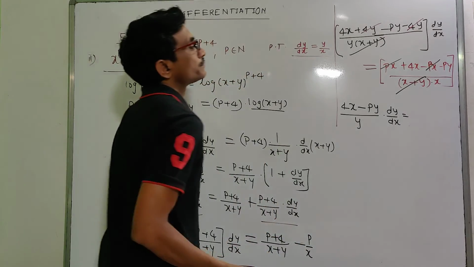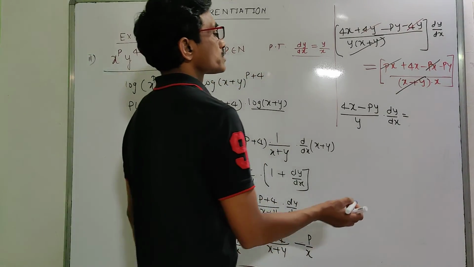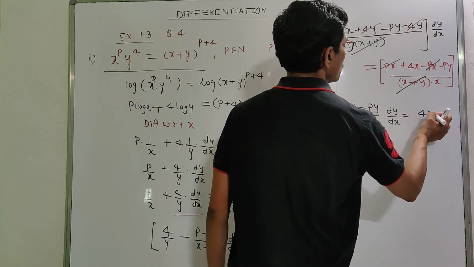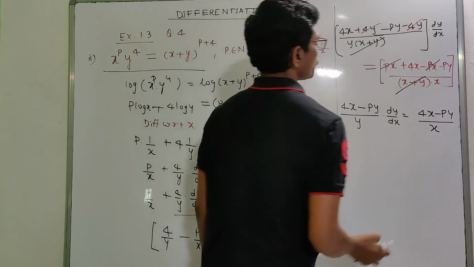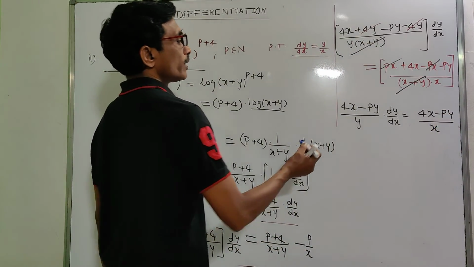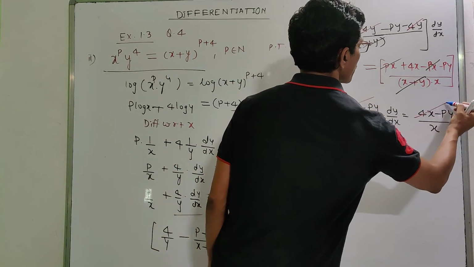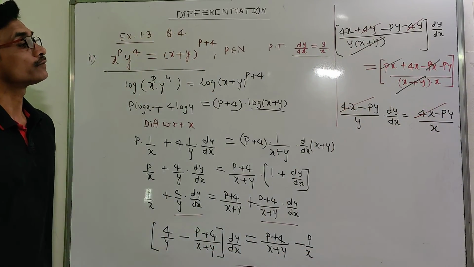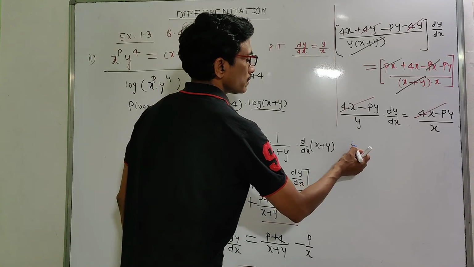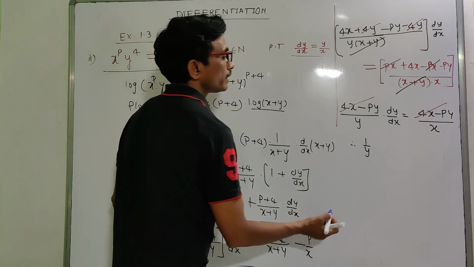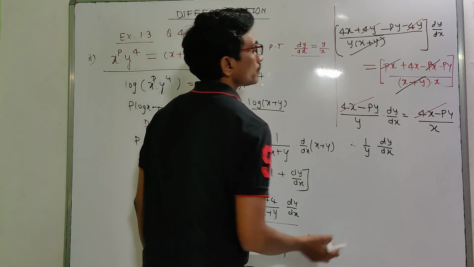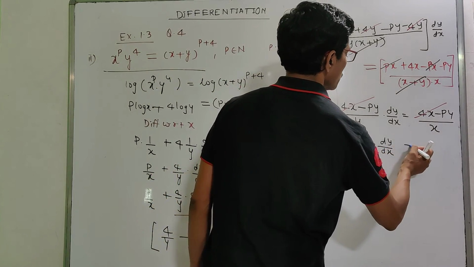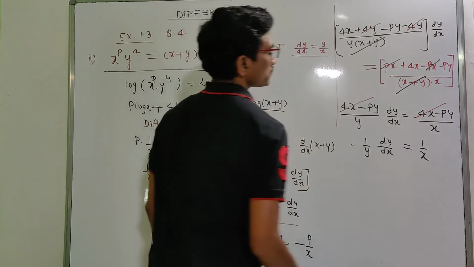Right hand side, (4x minus py) upon x. So from the numerator, 4x minus py you can cancel, and finally you get 1 upon y dy by dx is equal to 1 upon x.